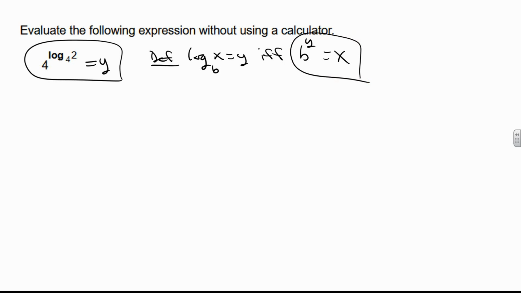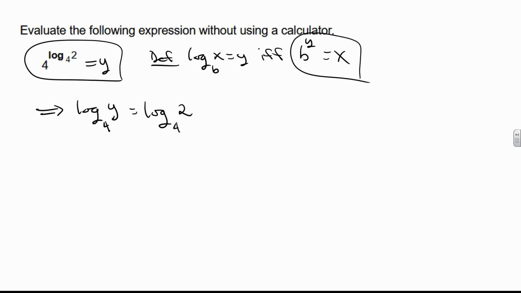I'm matching them up. So then I want to write its equivalent form, put that in log form. Here b is 4, so log base 4 of y is equal to log base 4 of 2. This implies that log base 4 of y is equal to log base 4 of 2.